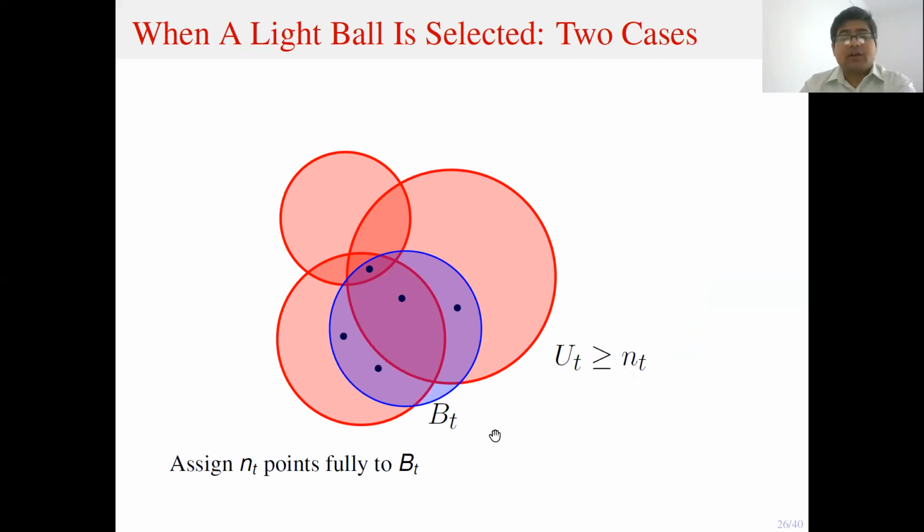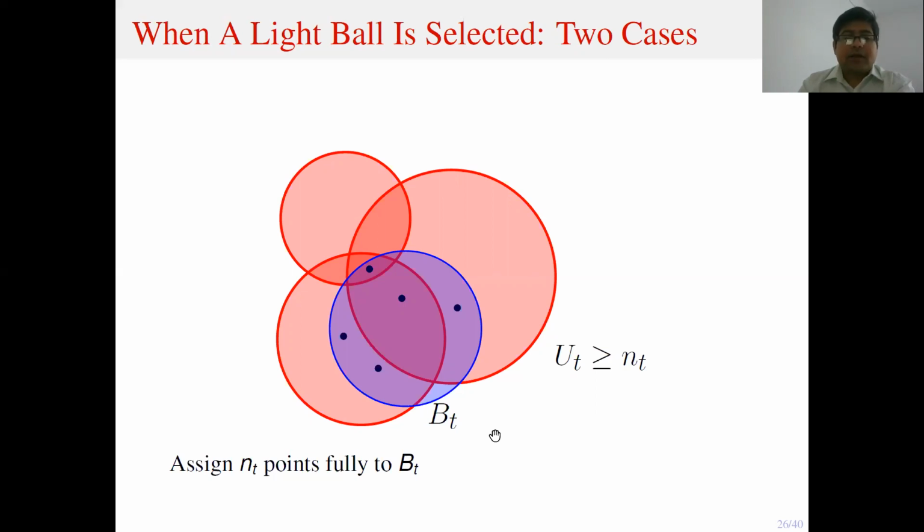And we say that we are going to select or take this ball in our solution. But now I am increasing its Y value from below half to 1, so its capacity gets increased. And to utilize the capacity of this ball, I need to reroute flow from other balls to this ball BT, and especially from the other heavy balls to this light ball.